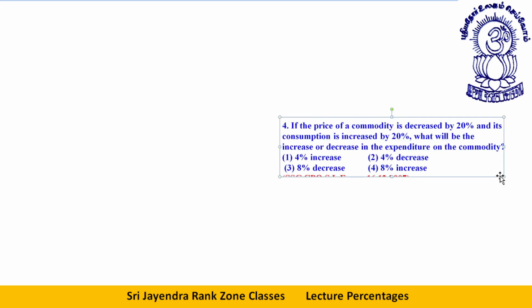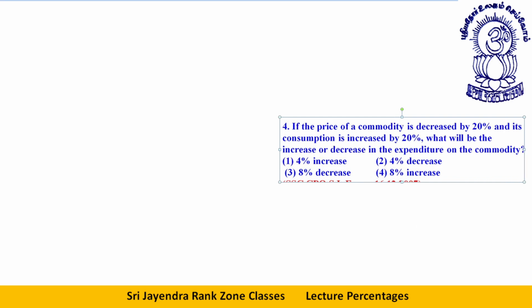See, the next question is an application of the previous concept which we have discussed. We are being told that the price of a commodity is decreased by 20% and its consumption is increased by 20%. What will be the increase or decrease in the expenditure of the commodity?